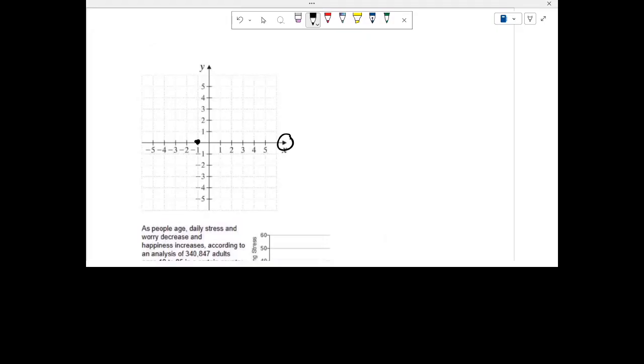Remember, these lines go strictly up and down. So I'm either going to go up or I'm going to go down. It doesn't matter. You can go up, or if you want to, you could come down. And there's your line. So when you see something like x equals -1 and there's no y in it, you're just going to go, boom, up and down.